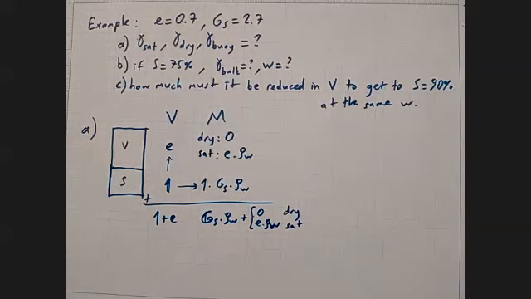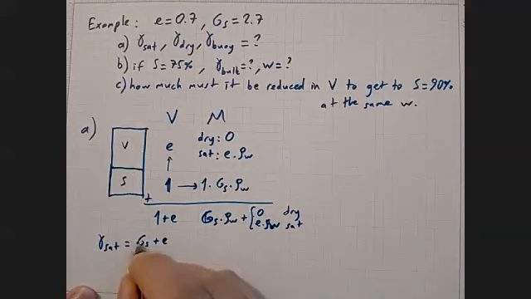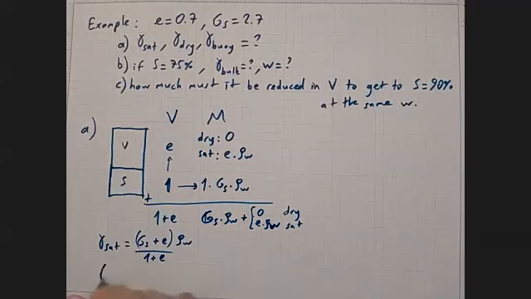So from there, I can directly calculate gamma saturated is GS plus E times rho W over 1 plus E, and gamma dry is GS rho W over 1 plus E.